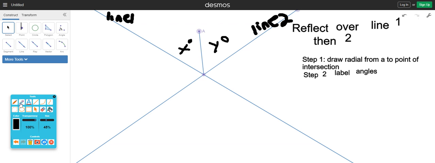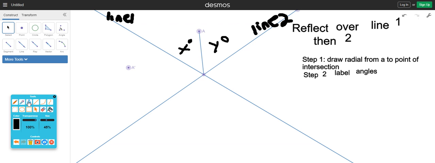Okay, so next we are going to take this line, reflect it over line 1. We're going to label that A prime.